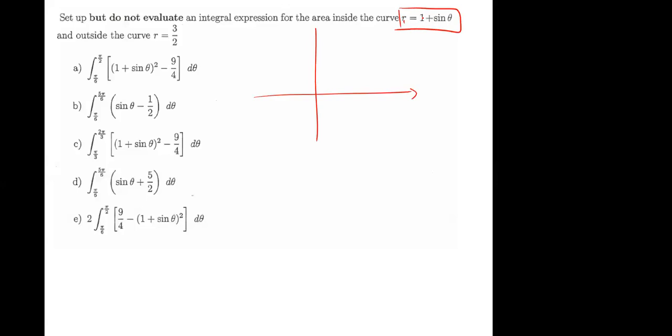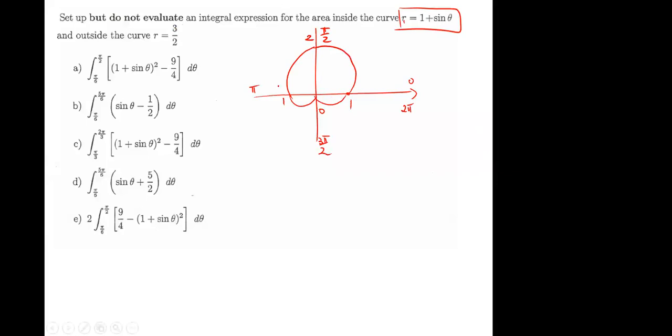Sine at 0 is 0, that means we will have 1. And then sine at 90, sine at 90 is 1, 1 plus 1 is 2. Okay, that means I know my shape.